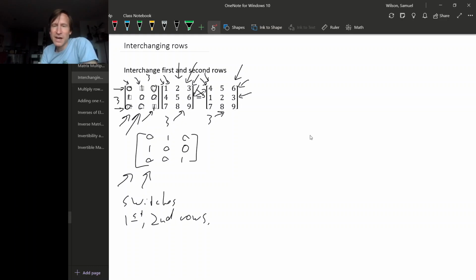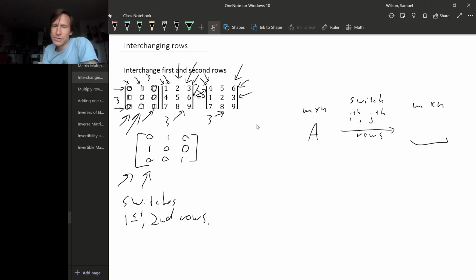In general, if you have some matrix that's m by n, and you want to do a row operation that switches 2 rows, let's say the ith row and the jth row, you're going to end up with a new matrix that's still m by n, right? Row operations shouldn't change the number of rows and the number of columns in a matrix.